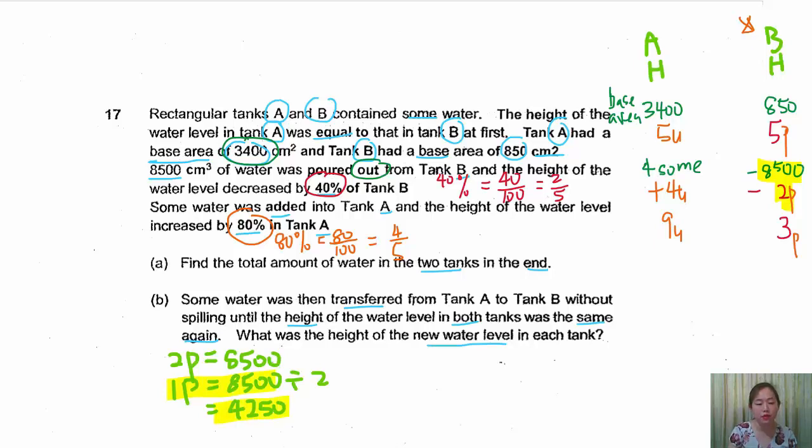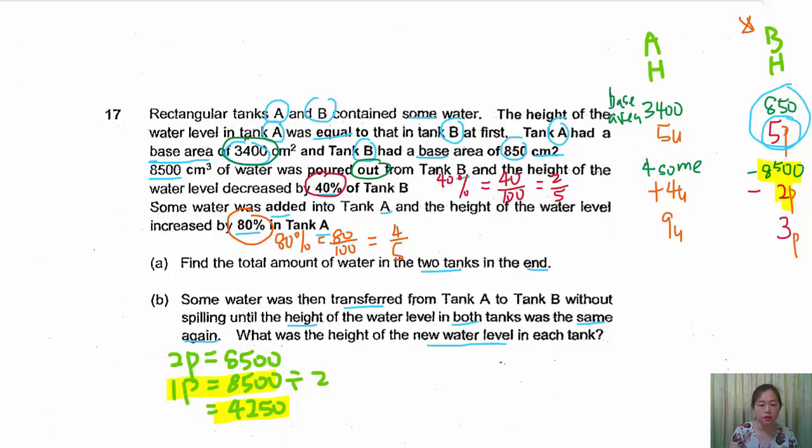because this is important. So after we have found our 1 part, what can we do next? Since we know the base area, which is 850, if we use the volume represented by 5 parts to divide it by the base area, we will find the height.